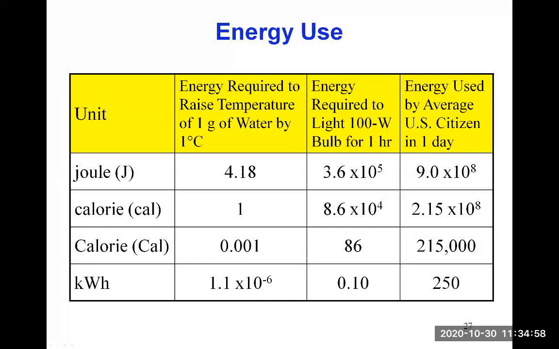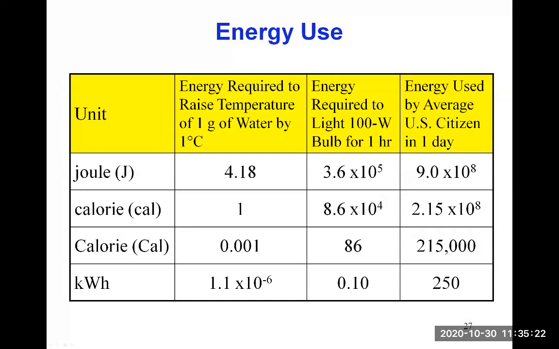The energy required to light a 100-watt bulb for 1 hour, in joules, it's 3.6 times 10 to the 5. In calories, 8.6 times 10 to the 4. In capital C calorie, or nutritional calorie, it's 86. And then in kilowatt hours, 0.10.